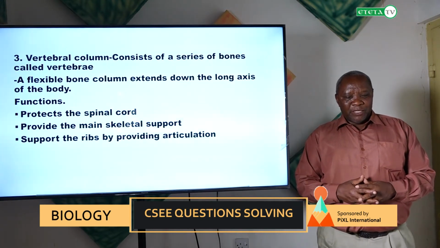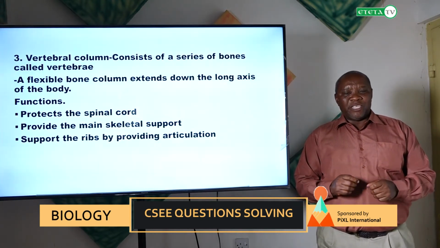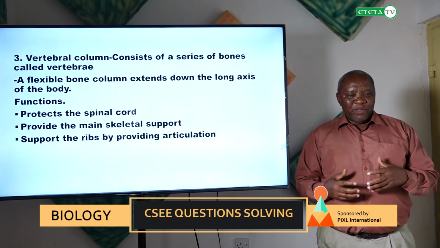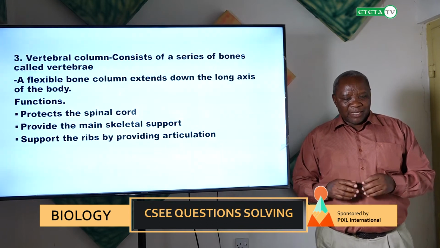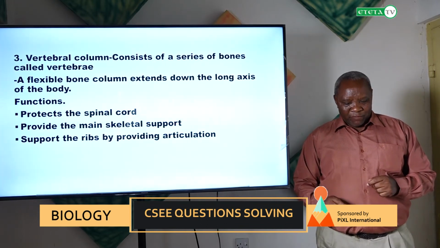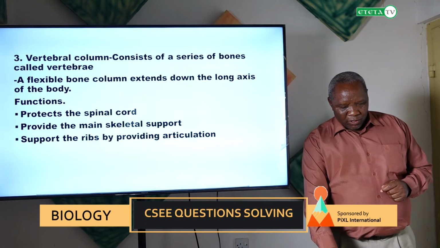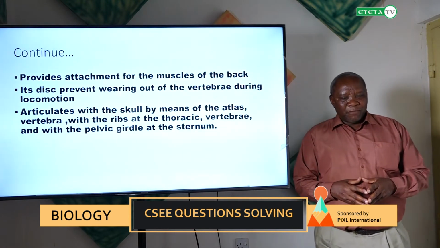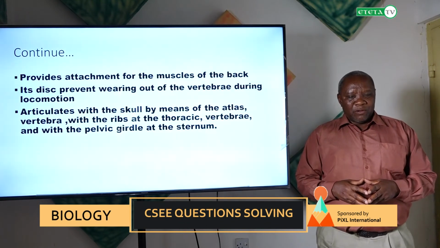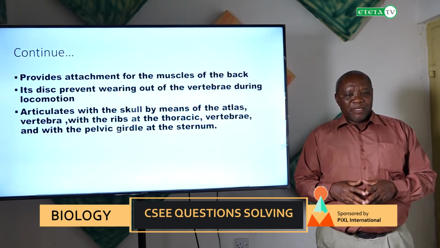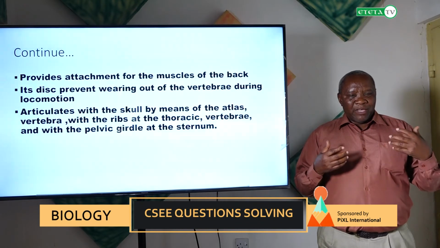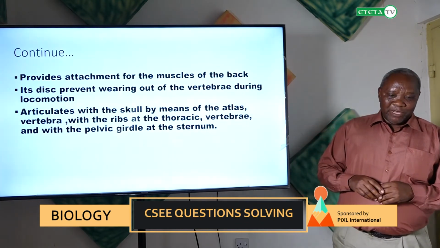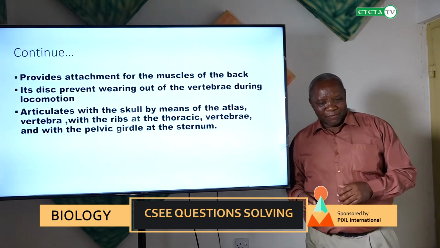It supports the ribs by providing articulation, so that when the ribs perform their duties, they are supported by the vertebral column. It also provides attachment for the muscles of the back.